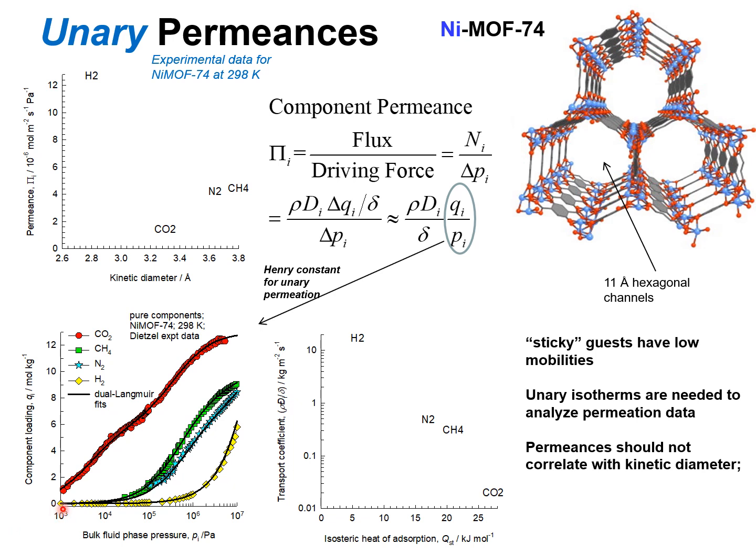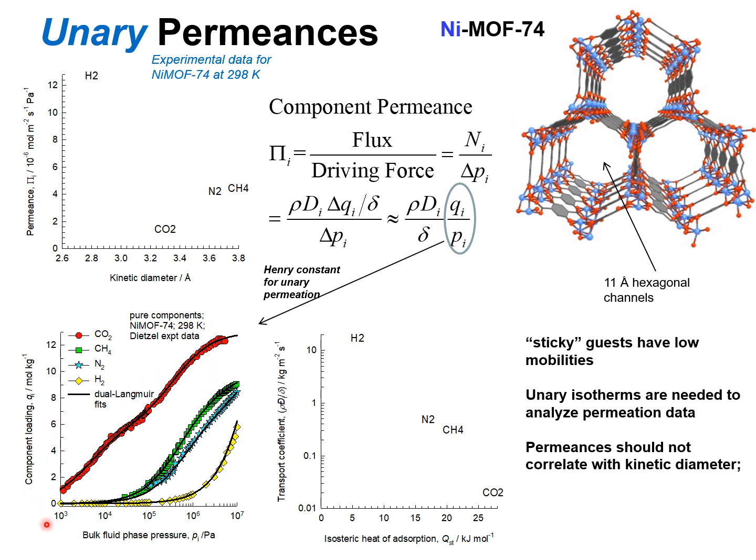Now, experimental data are available for isotherms for all these four gas molecules. CO2 is the most strongly adsorbed component. Then we have methane, which is very close to the adsorption of nitrogen, and hydrogen is the most poorly adsorbed component.